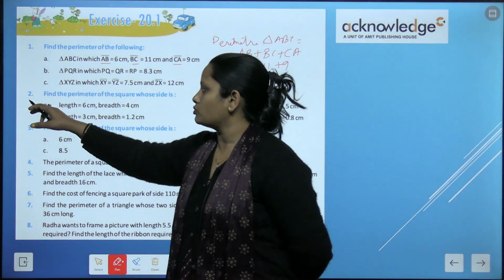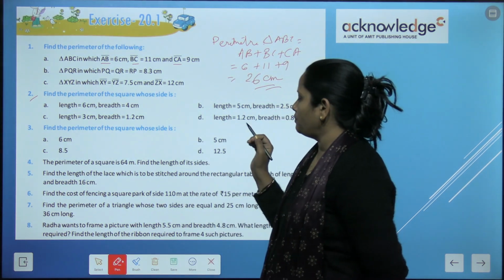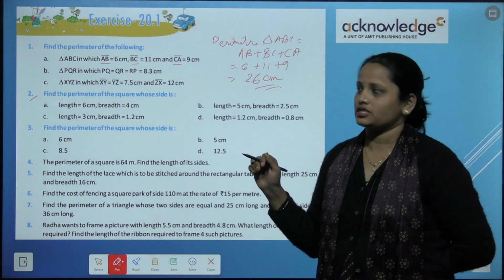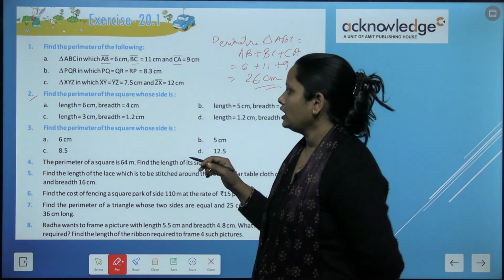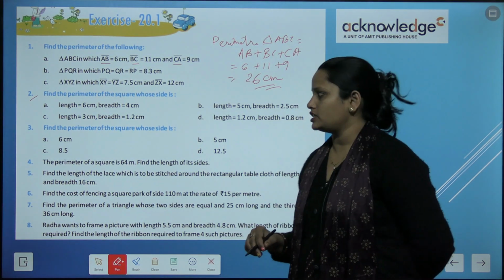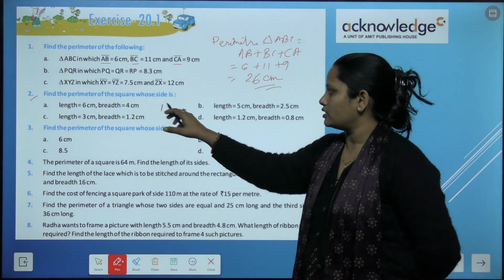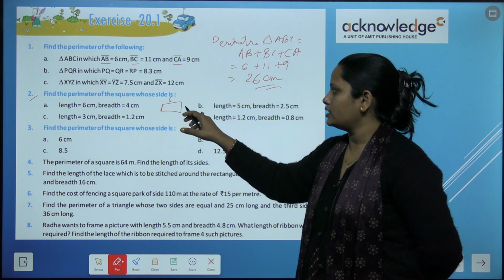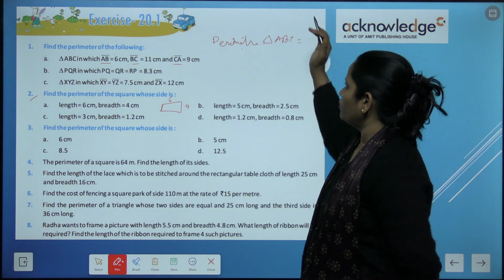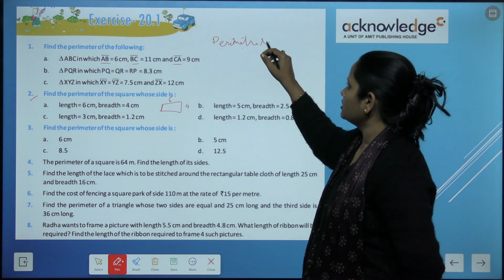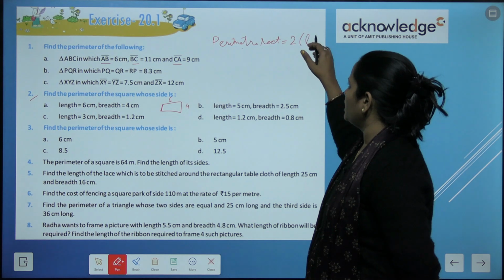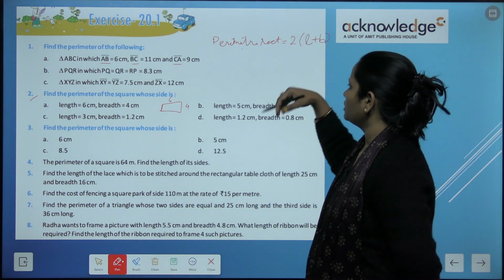Now let's move on to question number 2. Find the perimeter of the square whose side is. We have to find the perimeter of a square whose side is 6 centimeter and breadth is 4 centimeter. So this is a rectangle, 6 and 4. As we know, the perimeter of a rectangle is 2(L plus B).